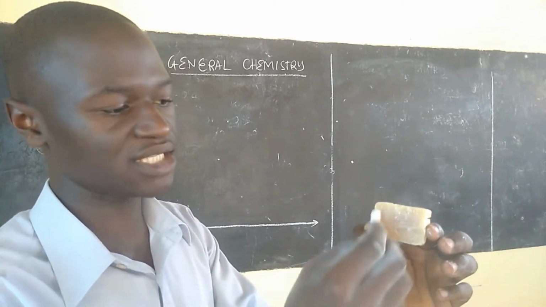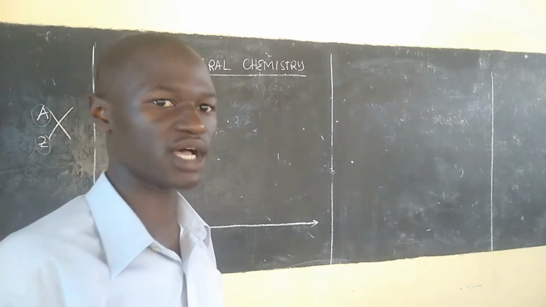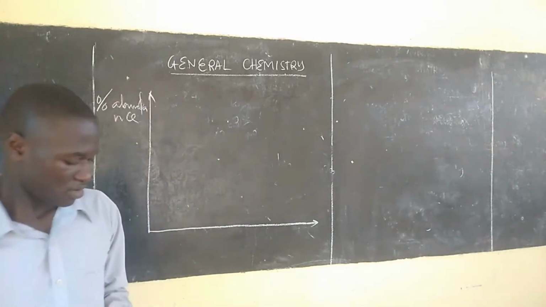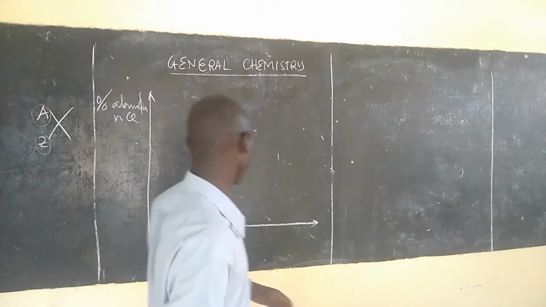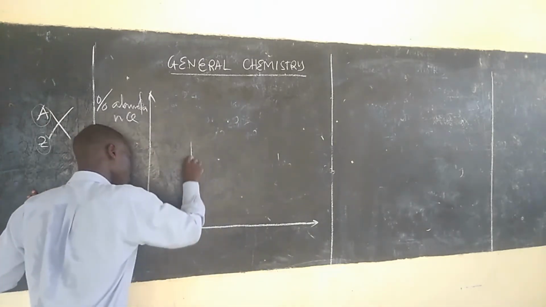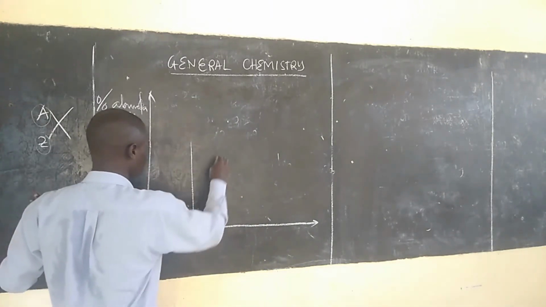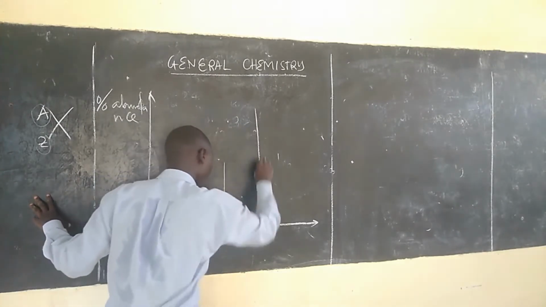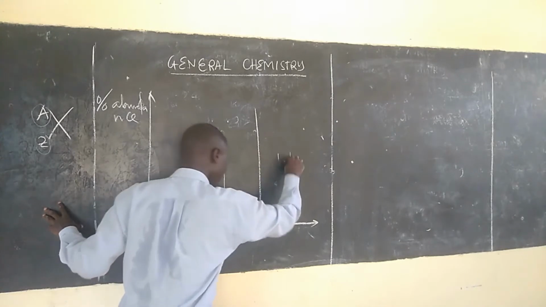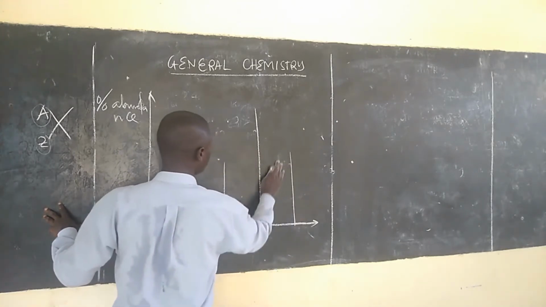And this is 3/4. That means 75%. So here, depending on the number of isotopes, we'll have a different number of peaks.